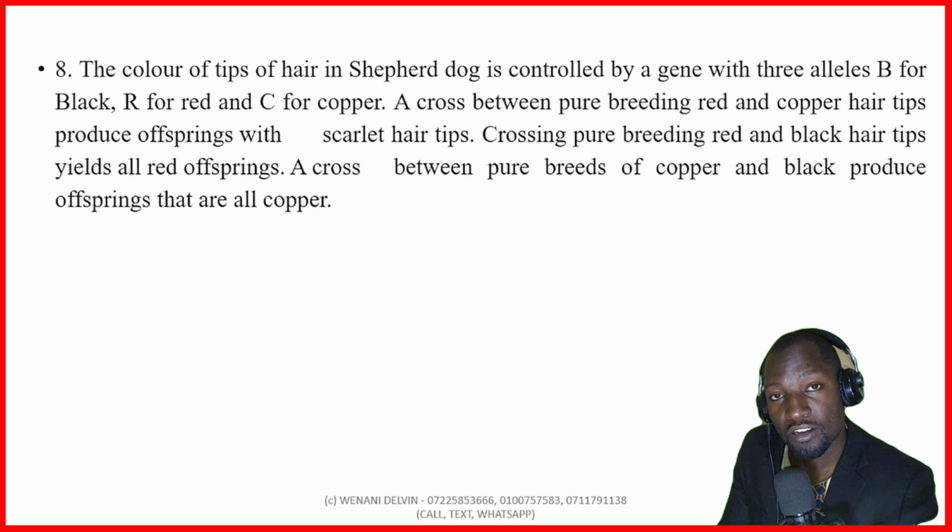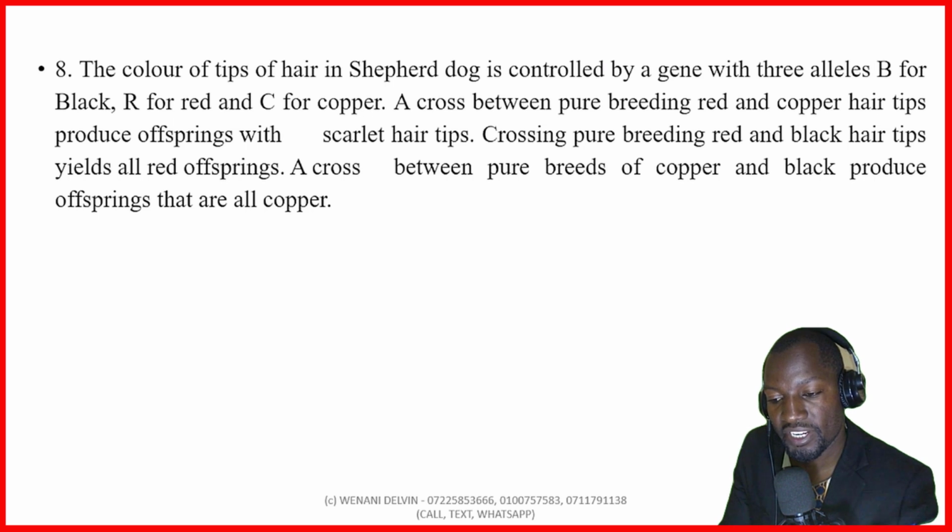The color of tips, as question number 8: the color of tips of hair in shepherd dog is controlled by a gene with 3 alleles: B for black, R for red, and C for copper. A cross between pure breeding red and copper hair tips produces offspring with scarlet hair tips.